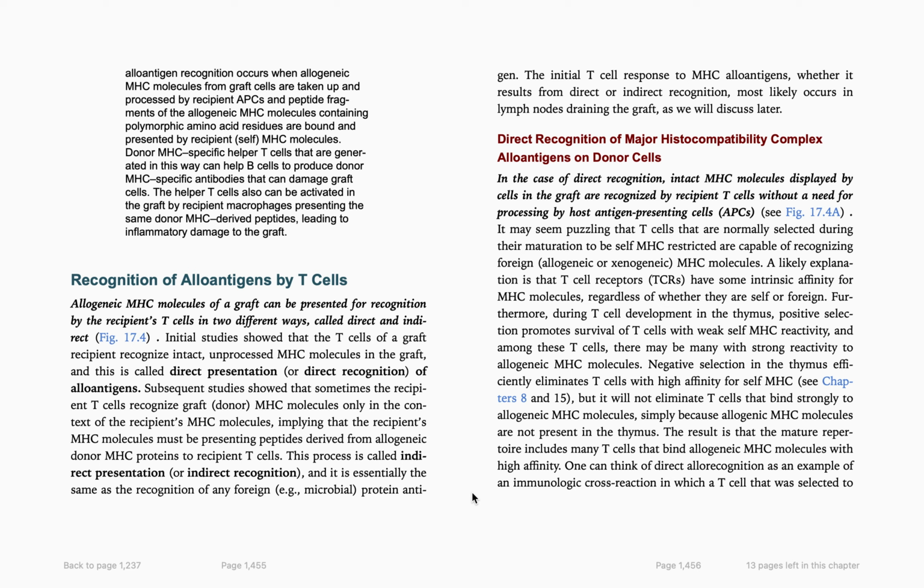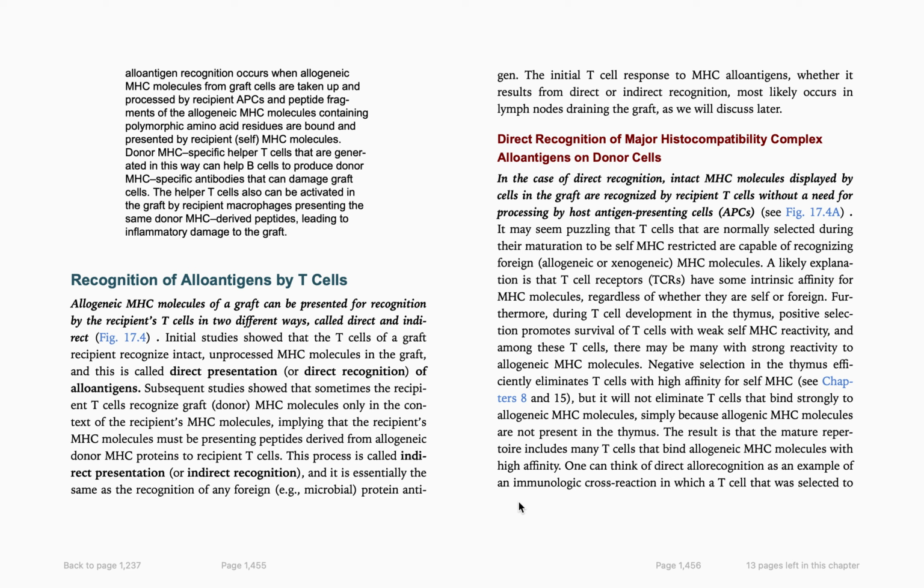A likely explanation is that T cell receptors have some intrinsic affinity for MHC molecules, regardless of whether they are self or foreign. Furthermore, during T cell development in the thymus, positive selection promotes survival of T cells with weak self-MHC reactivity, and among these T cells there may be many with strong reactivity to allogenic MHC molecules.